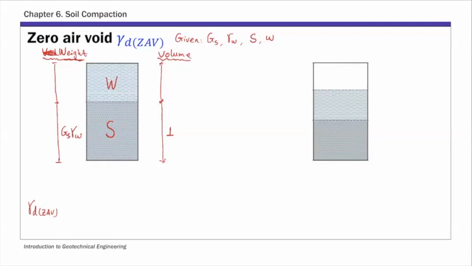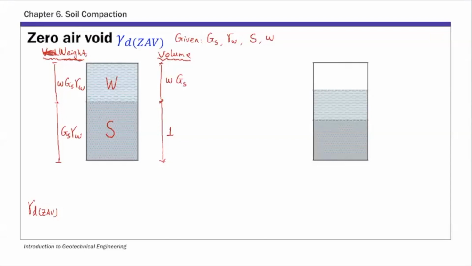This is something we derived back in chapter 3, the weight-volume relationship. And then the weight of water is water content times the weight of solids. The volume of water is the weight over the unit weight of water, so that's omega GS, or WGS. So that's a completed phase diagram.